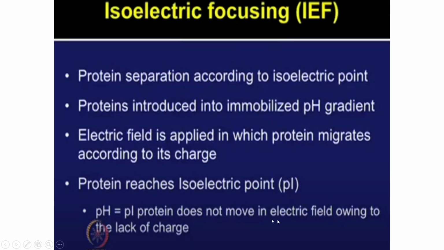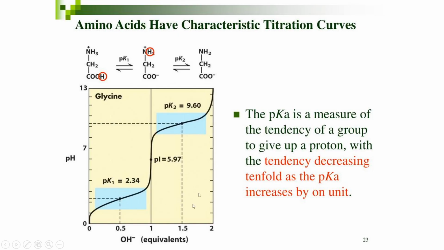It is the point at which the protein does not move because it doesn't have any charge. So what's isoelectric point? It's the point at which it doesn't have any charge, equivalent to zero, and it can have either a negative charge or a positive charge. If they have plus and minus both, then it has a neutral charge.